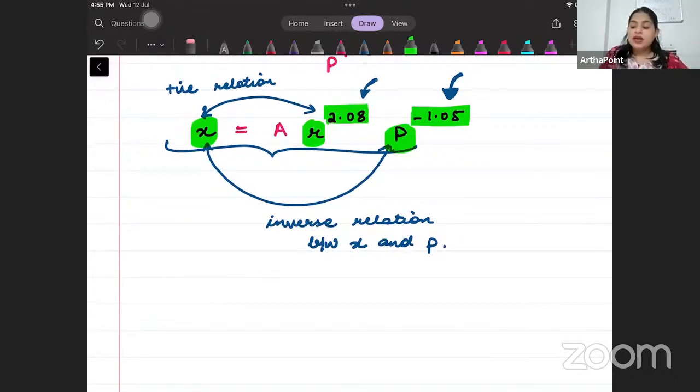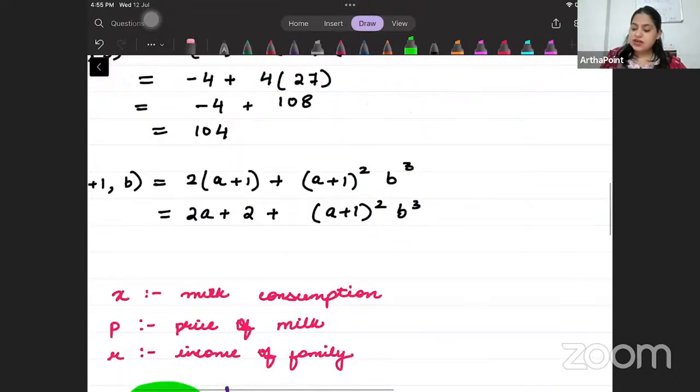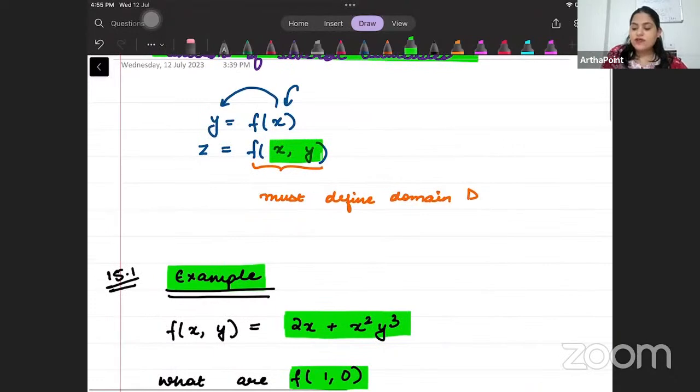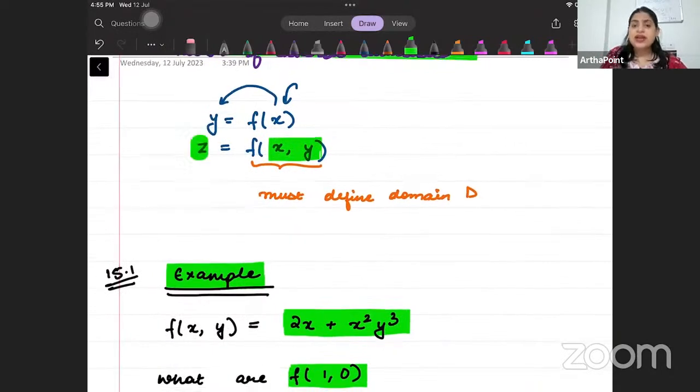Now, ये जो two variable में हमने लिखा है, we can also go ahead and write it in n variable. So यहाँ पर till now we just represented Z as a function of X and Y, right? But I can have it as an n variable also. So it can be that Z is a function of x1, x2, and so on till xn.